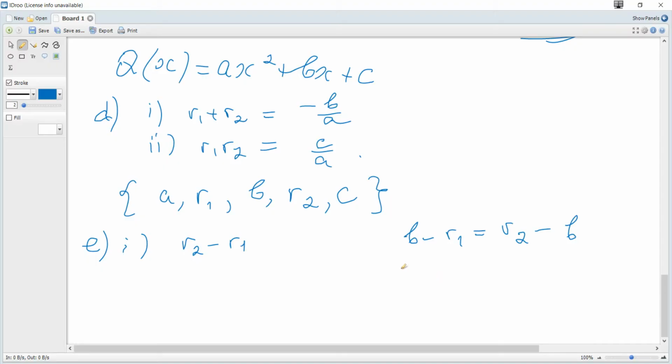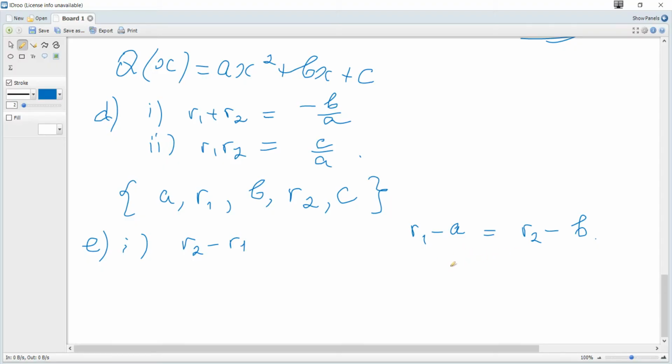Oh no, R1. Oh, actually it's correct, and we can write that R1 minus A is the same as R2 minus B. Yes, it's suitable.